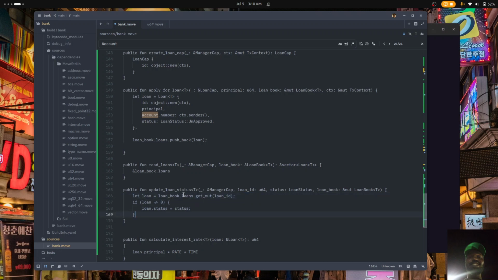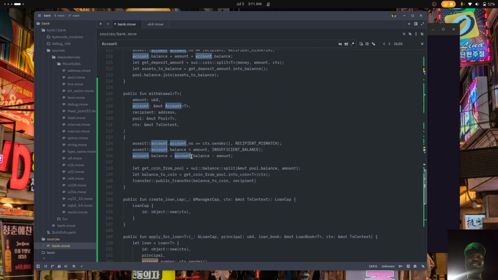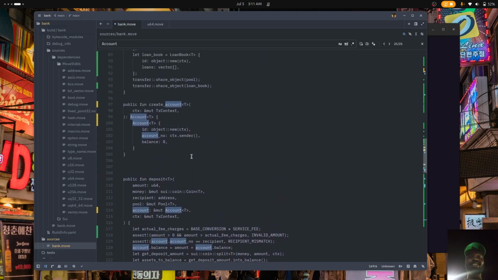status. So this is then this getting the loan from, that's not really the logic. That's not really the logic. So we'll have to check the loan book. The loan book houses the loan.